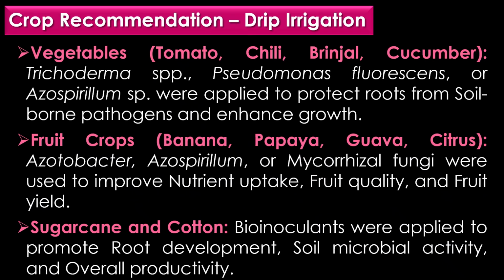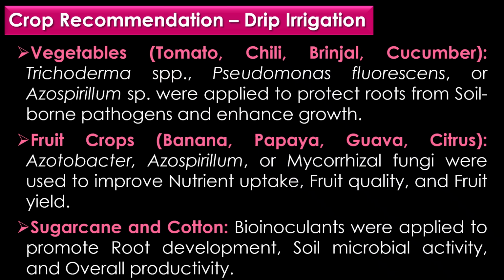Crop recommendation for drip irrigation. For vegetables like tomato, chili, brinjal and cucumber, Trichoderma species, Pseudomonas fluorescens or Azospirillum species were applied through drip irrigation to protect roots from soil-borne pathogens and enhance growth.